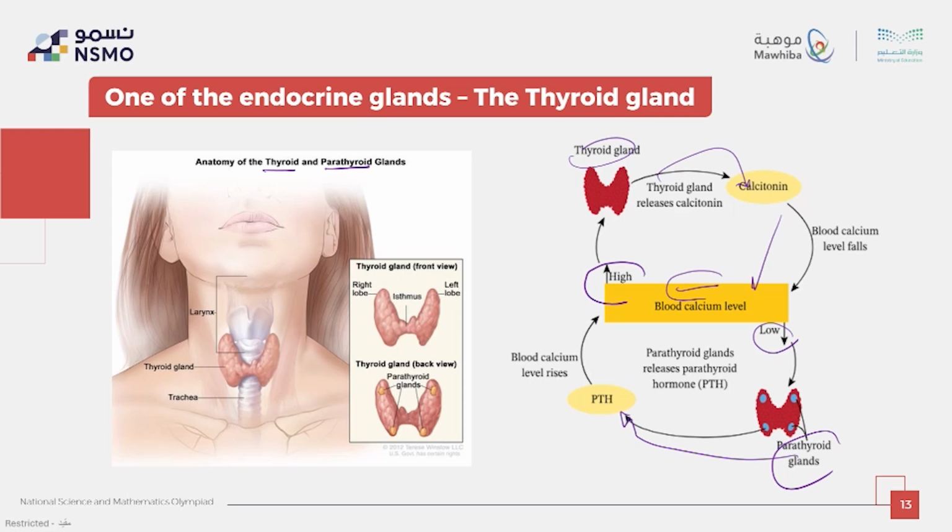Okay, so basically when calcium is high, the thyroid produces calcitonin, and we maintain it as normal. And when calcium is low, the parathyroid acts and raises the calcium again.